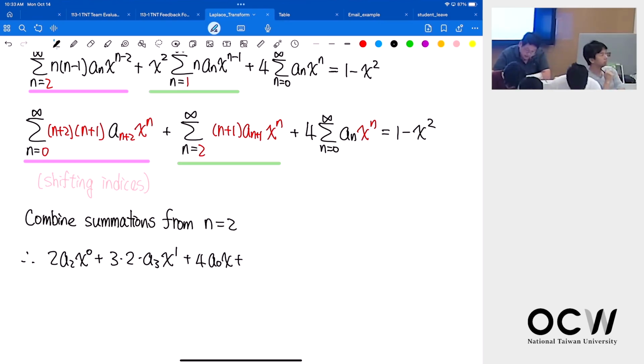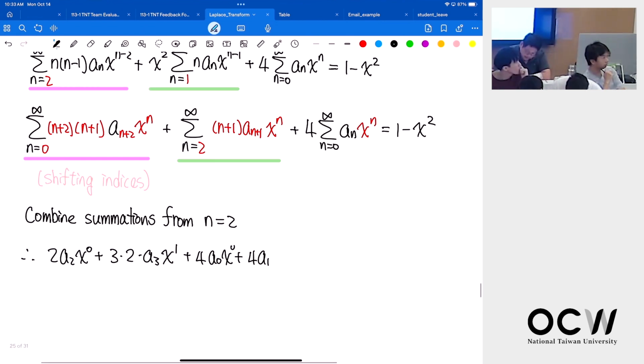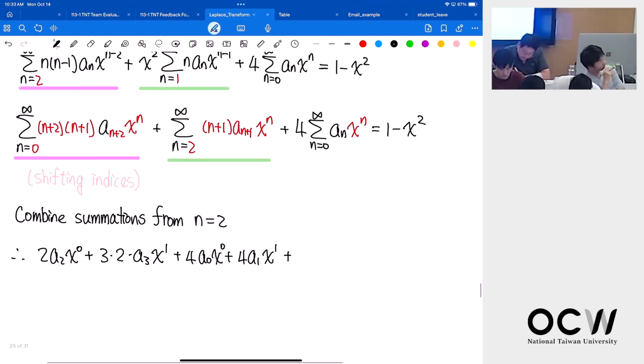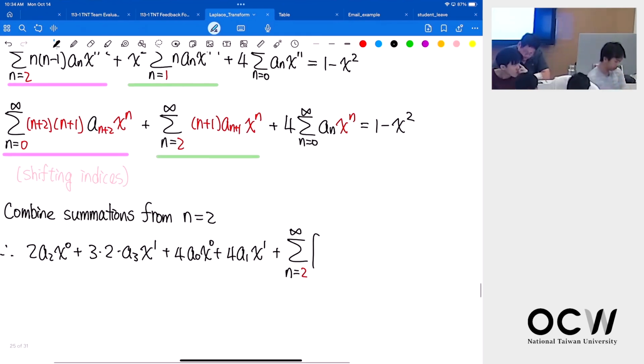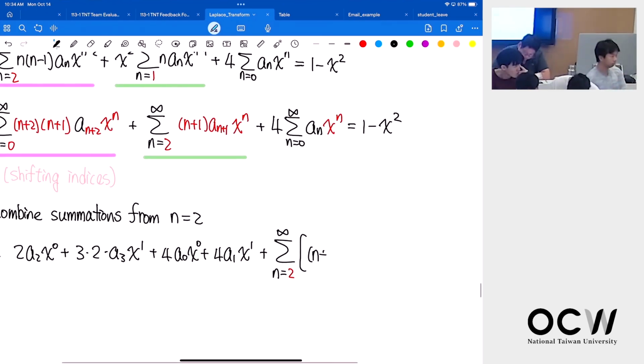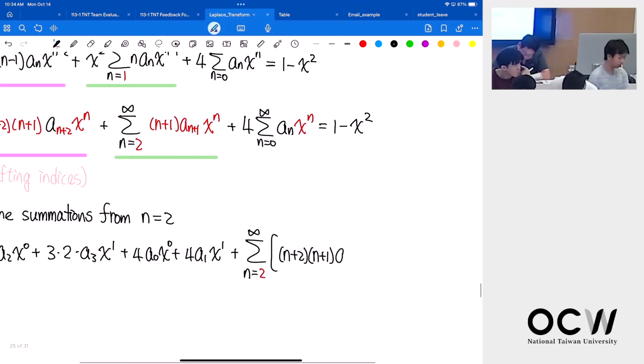When n equals 1, I have 4 times a1 times, this is x to the 0, this is x to the 1. Then the rest will be n from 2 to infinity. n plus 2 times n plus 1, we just copy that, a n plus 2.